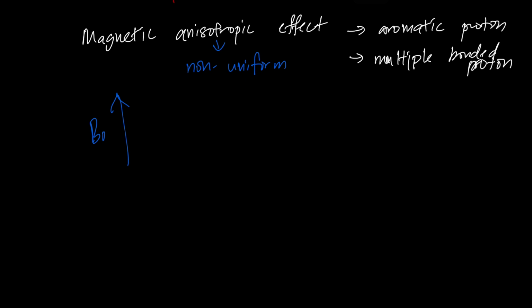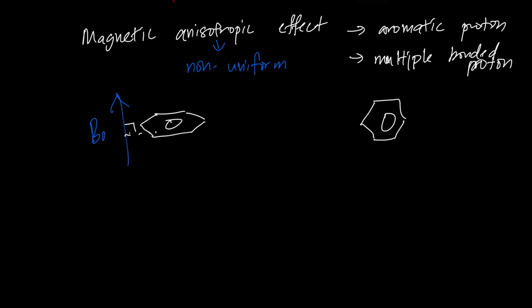So remember that the aromatic ring is a flat ring, it's planar. So under this magnetic field, you imagine that it's a flat ring, and it is perpendicular to the external supply magnetic field.